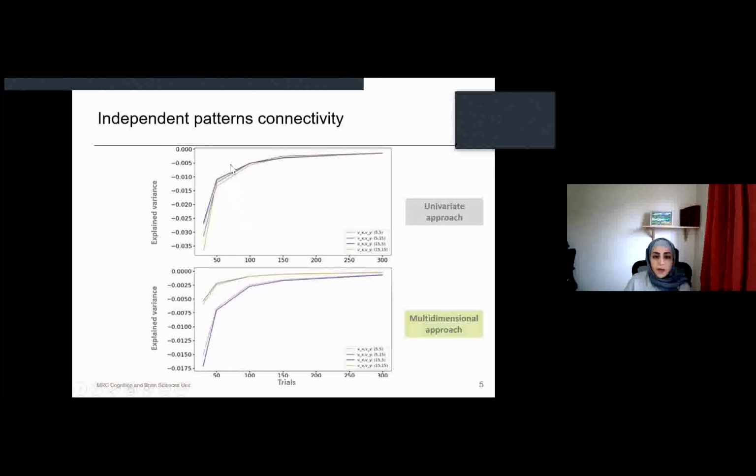In every figure, we have 4 curves representing different numbers of vertices in ROI X and ROI Y. For both approaches, we see that the connectivity is always negative or close to 0, suggesting that when there are two unrelated patterns, both methods do well and are immune to false positive errors.